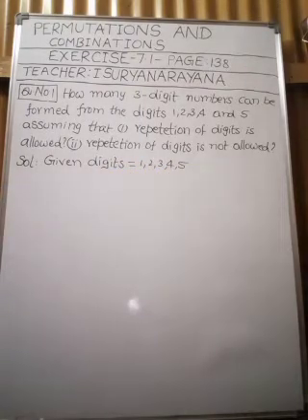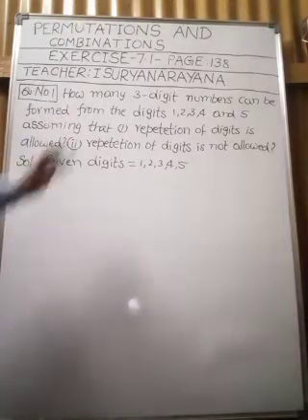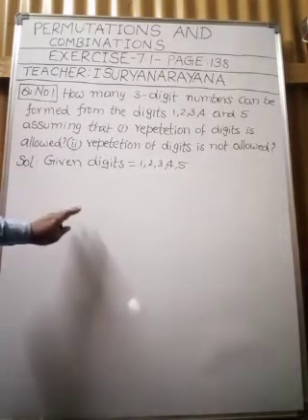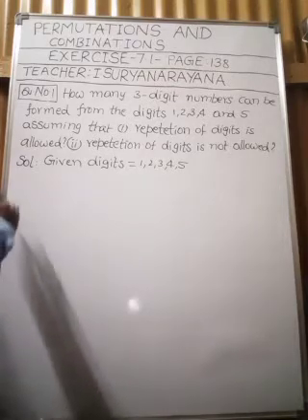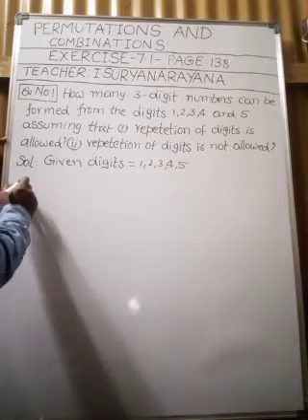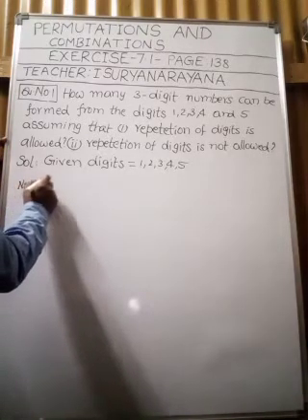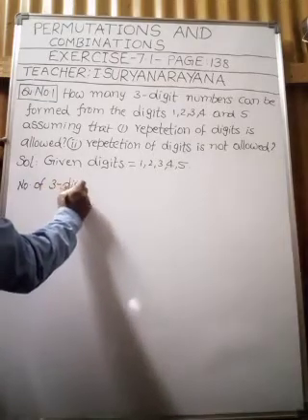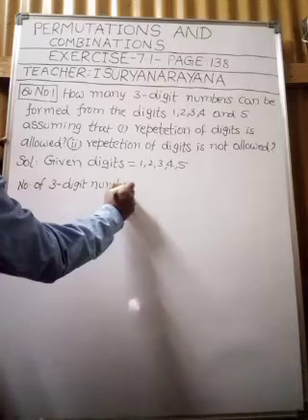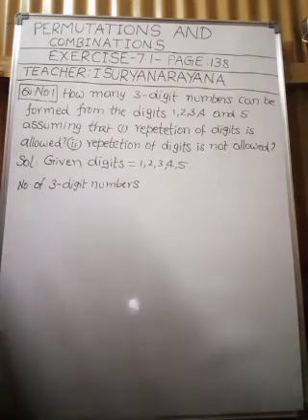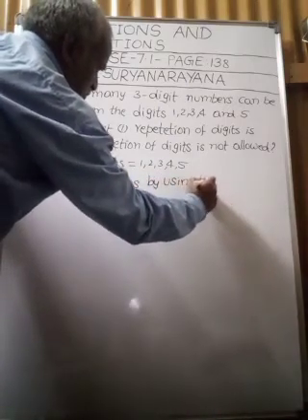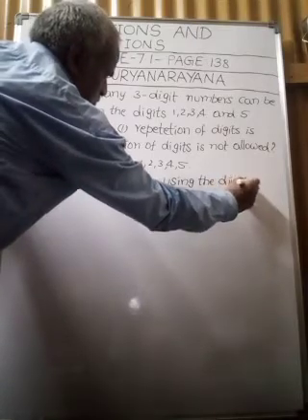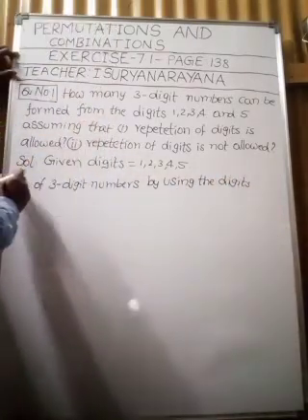Okay, my children. So the number of 3-digit numbers is equal to the number of ways of filling 3 blank places, 3 blanks, by these 5 digits. First case, repetition is allowed.